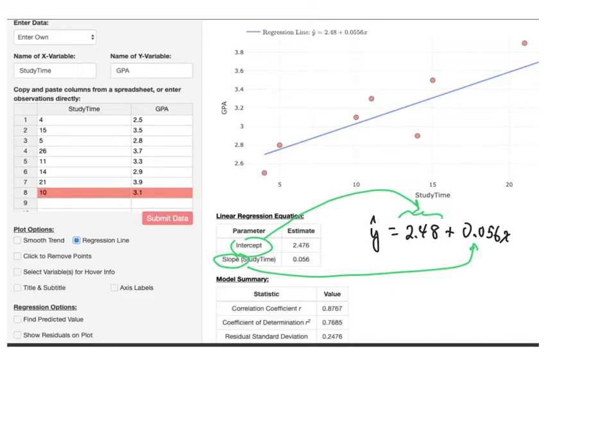If you're not sure about that and you're using this app, you can look up here at the top, and it's written out for you in slope-intercept form. The reason that it calls it y hat is that they want to make a distinction between the values that this thing predicts, the y values this predicts, versus the actual y values of the data.